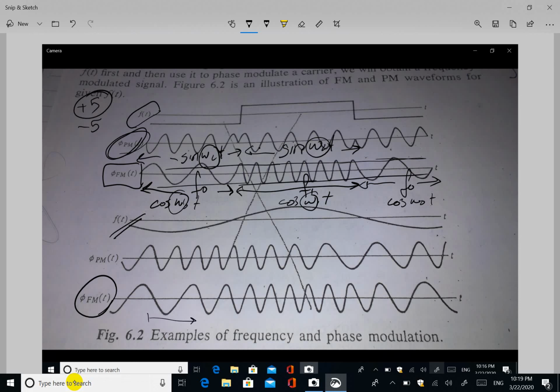As soon as the amplitude is increasing, the frequency is increasing. And when the amplitude of the information signal goes down again, the frequency of the modulated signal decreases as the amplitude decreases. The same principles apply for PM, but it is just more complicated.